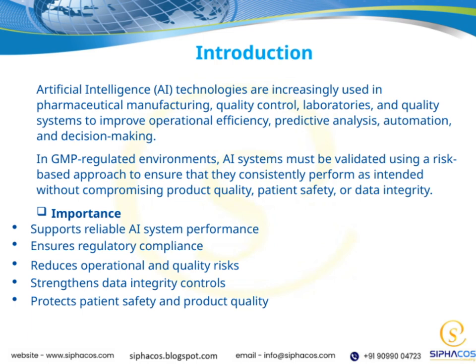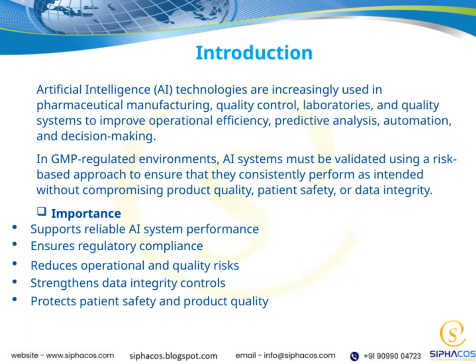By assessing potential risks, we can ensure that AI consistently performs as it should without compromising the quality of the product, patient safety, or the integrity of data. Moving on to why this is so important. First, supporting reliable AI system performance really builds confidence in these technologies. Second, ensuring we meet regulatory requirements keeps us compliant and avoids potential issues.